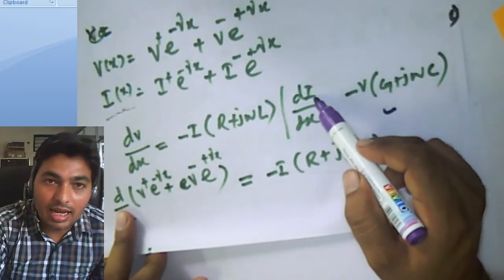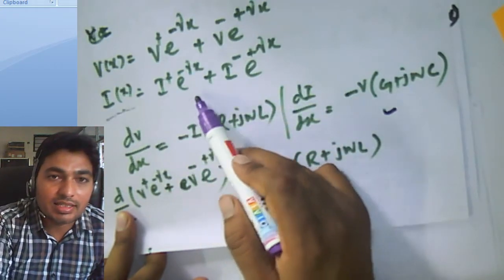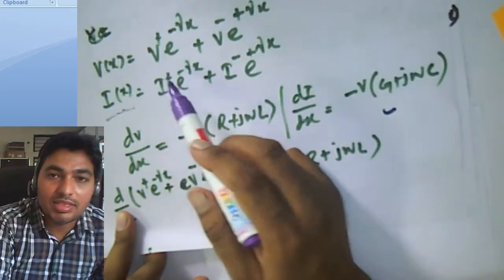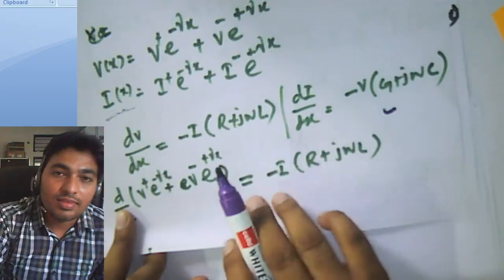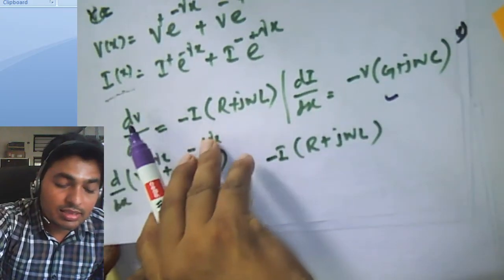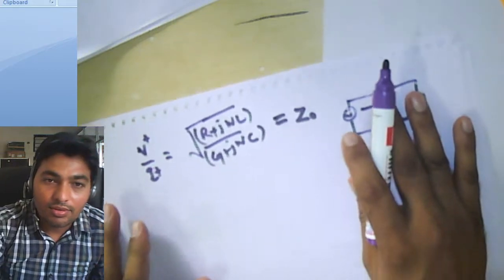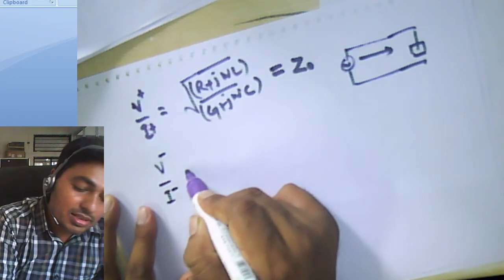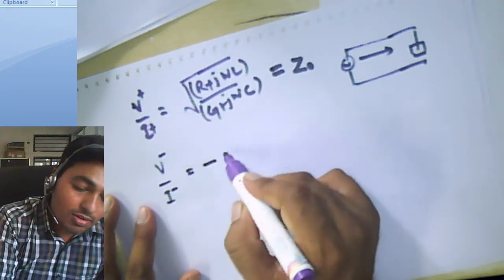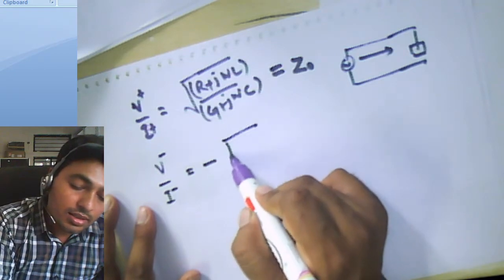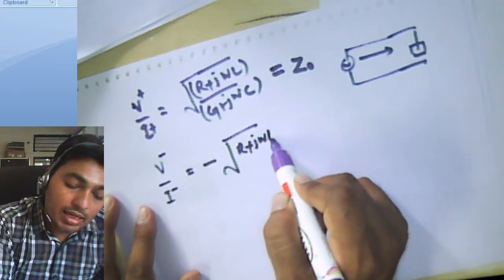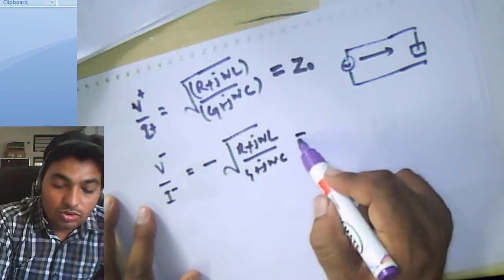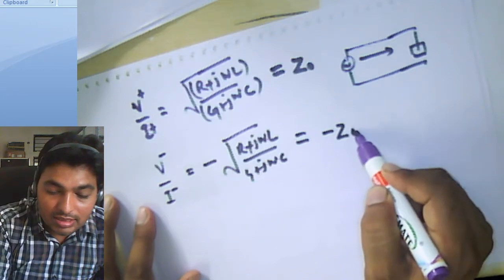If you substitute I, that is I plus e raised to minus gamma x plus I minus e raised to plus gamma x, and V from this equation in this equation, then we'll get a similar solution where we'll have V minus divided by I minus, that will be equal to minus of under root R plus j omega L divided by G plus j omega C. So this will be equal to minus Z0.